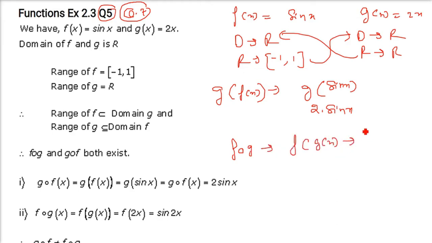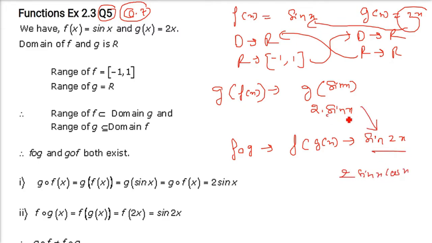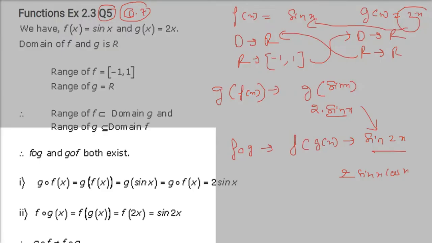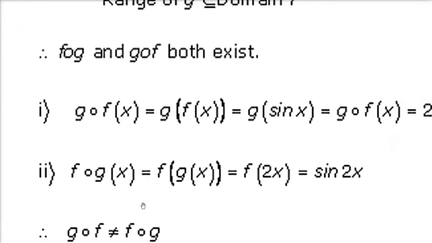So f of g(x), where g(x) is 2x, so put it here: sin of 2x. Now they are not equal: 2 sin x and sin 2x. Sin 2x is actually equal to 2 sin x cos x. They are not same. So gof and fog are not equal. They are different.